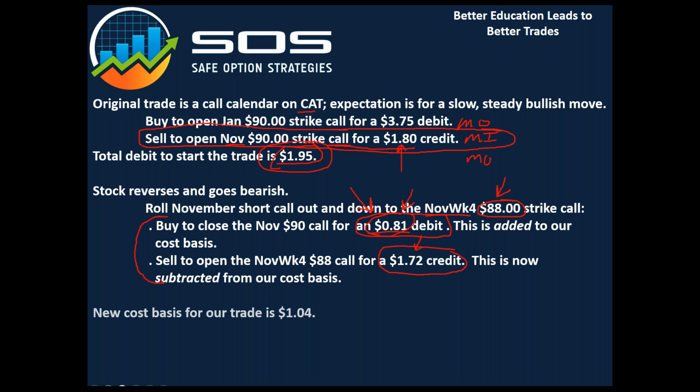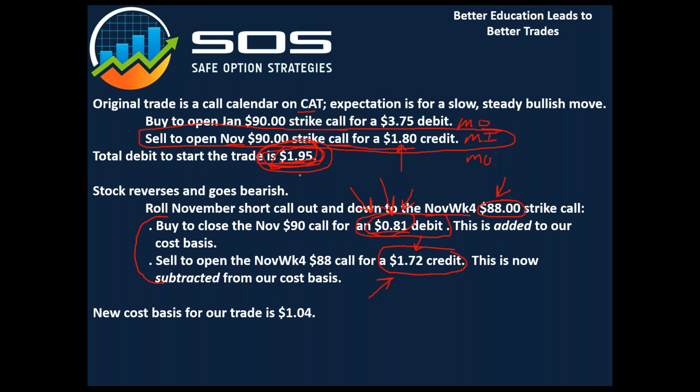And then the net result is a new cost basis of $1.04. We took 195, we added 81 cents to it, we subtracted 172, and 99.99% of the time before we ever did this, we'd look at the 172 minus 81, and what we would actually do is say, this roll is going to lower our cost basis by 91 cents. 172 minus 81 is 91 cents.